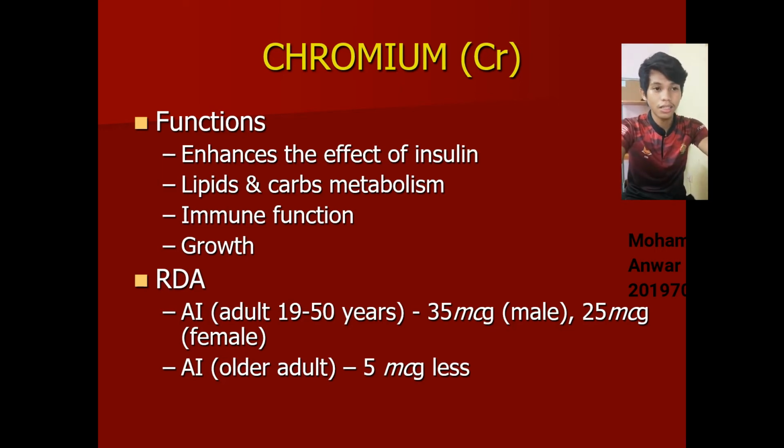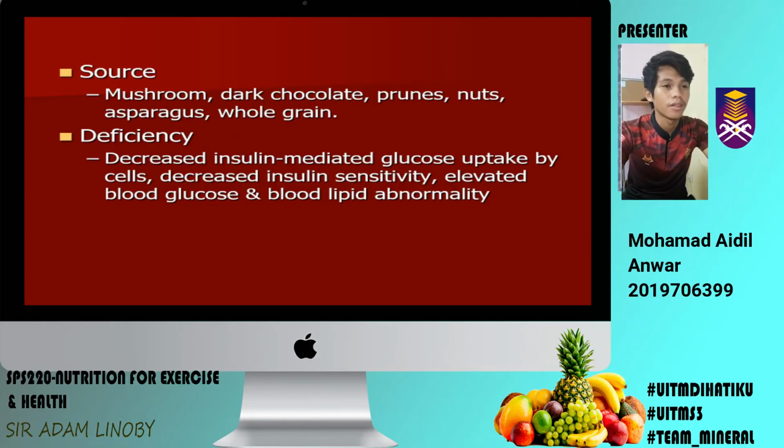For older adults, only 5 mcg or less. The sources of this mineral are mushroom, dark chocolate, prunes, nuts, asparagus, and whole grain. The deficiency of this mineral will decrease insulin mediated glucose uptake by cells, decrease insulin sensitivity, elevate blood glucose, and cause blood lipid abnormality.